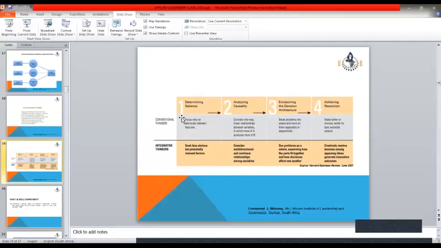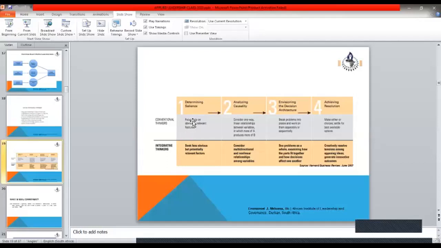I already spoke about this diagram, in which you are going to look at a conventional thinker versus an integrative thinker. How a conventional thinker looks at things and how an integrative thinker looks at things.